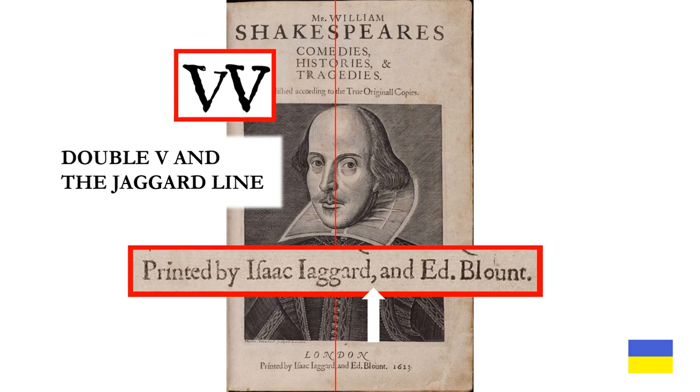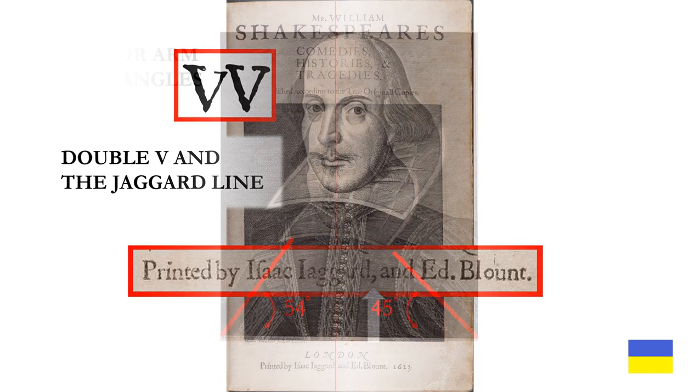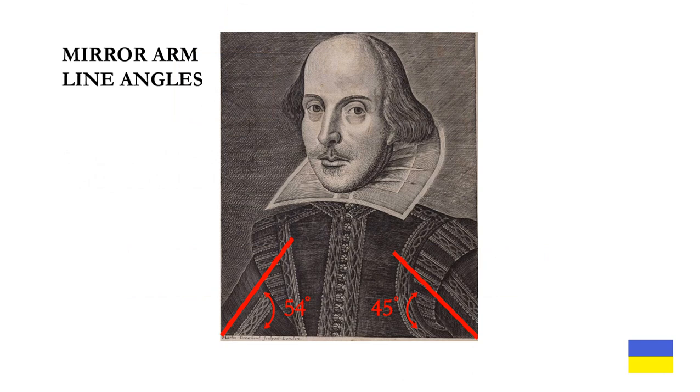We have the double V and the jagged line, in which the line goes straight through the comma next to jagged. We have mirrored arm line angles, 54 degrees for the left-hand arm, 45 degrees for the right-hand arm.